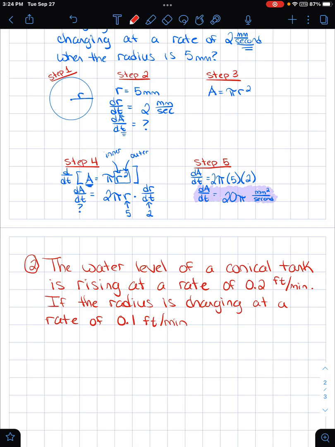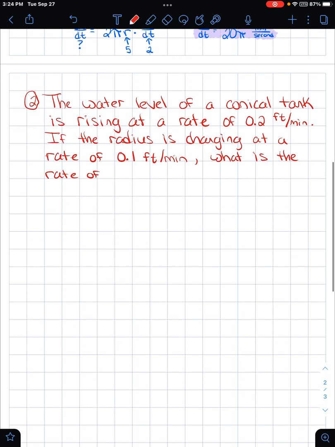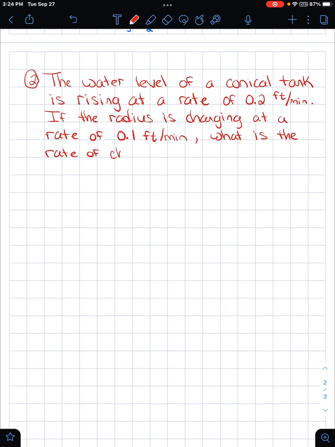Sorry about that one. What is the rate of change in volume when the radius is 1 foot and the height is 2 feet?